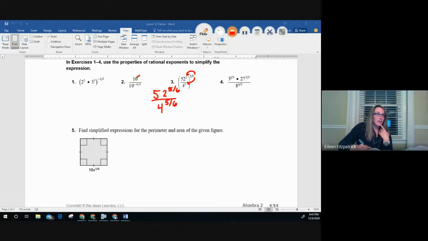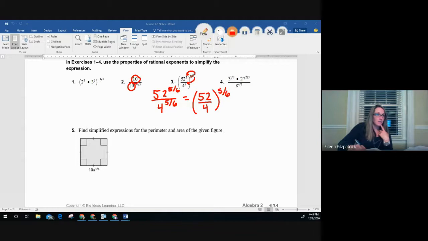Now, unlike the last problem, where the bases were the same, the bases aren't the same here. So I can't just subtract the exponents. But because your exponents are the same, you can divide, because what you can actually do when the exponents are the same is write it as 52 over 4 raised to the 5/6.